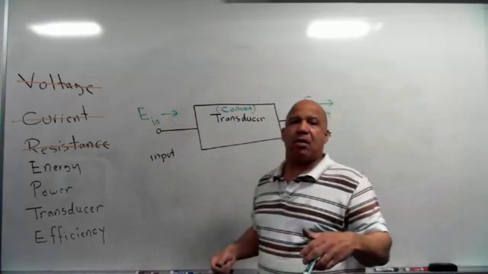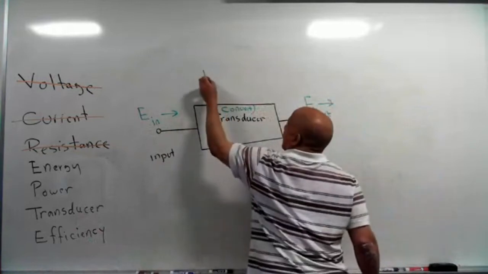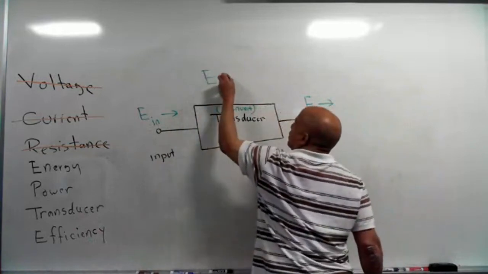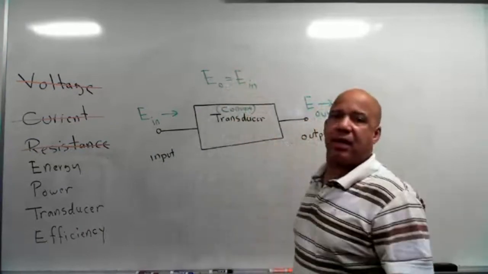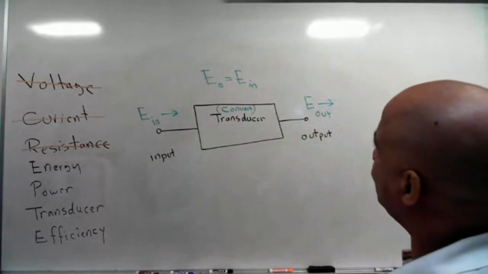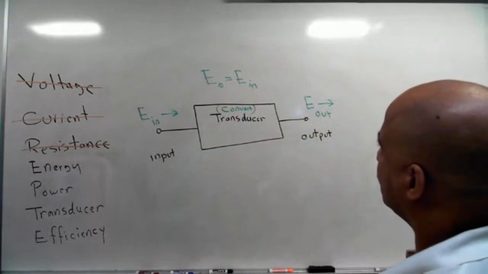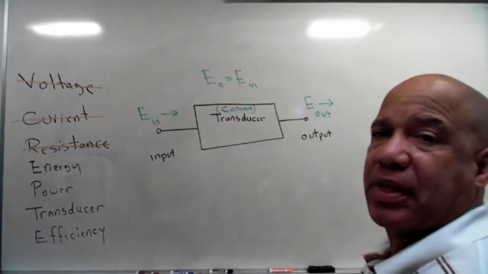Now, what I like to happen is this. I would like for E out to equal E in. Why would I want that relationship? If I had that relationship, what would that mean?